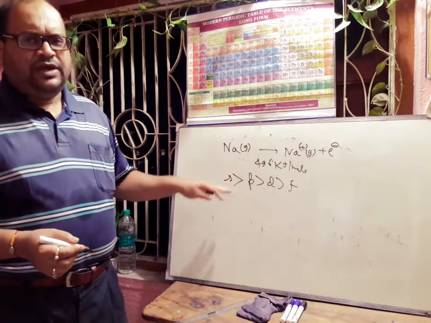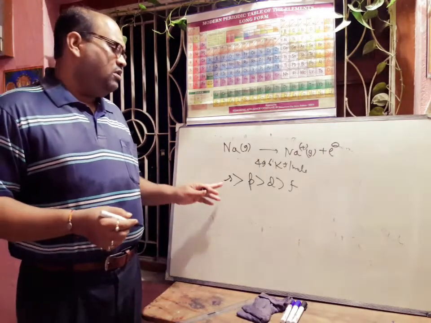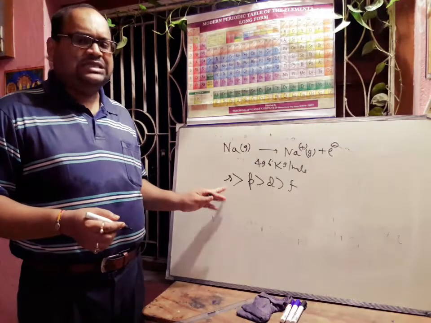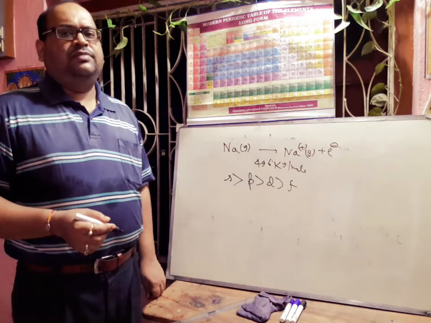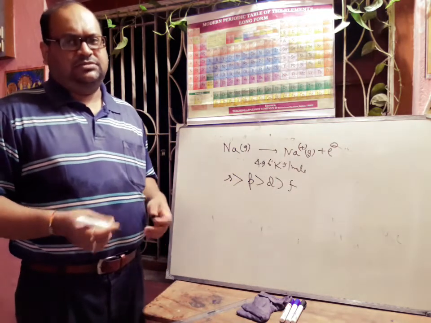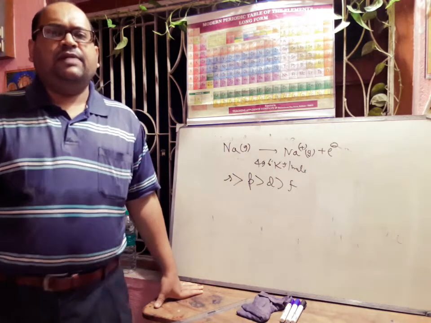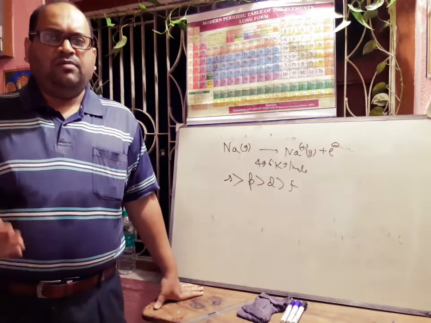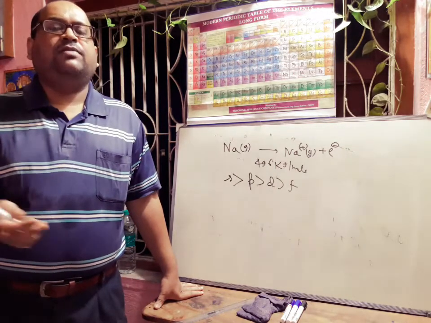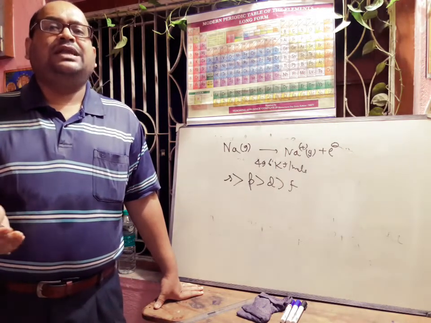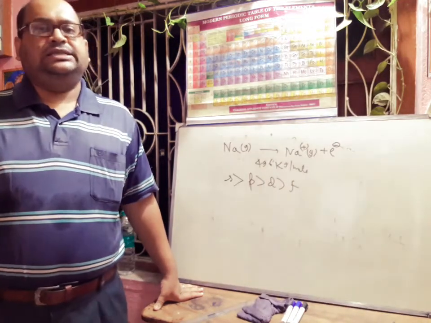Now, p has more shielding effect compared to d, but the f orbital has the least screening effect. So the higher the screening effect, the lower will be the ionization energy.